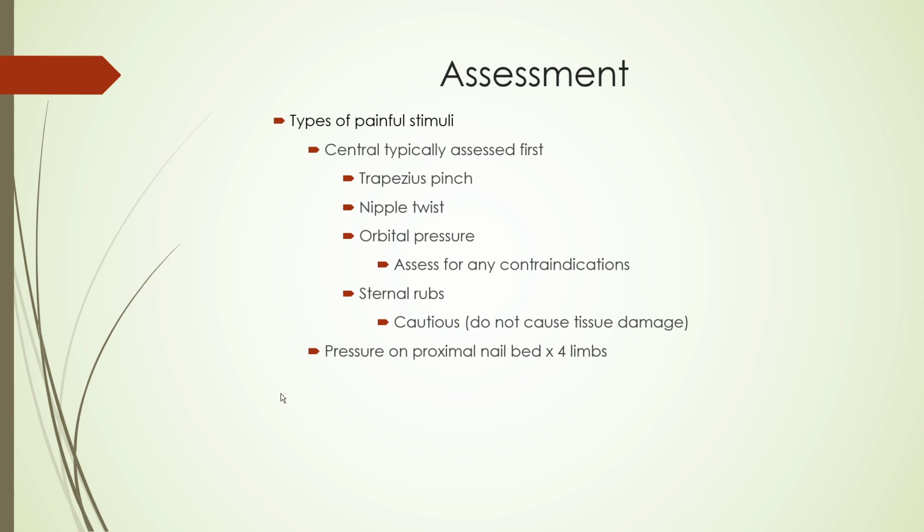Part of that is that rubbing a patient's sternum could cause tissue damage, particularly if they are on medications such as blood thinners, so you may end up causing bruising or tissue damage. So we would need to be cautious of that. These are different ways of assessing it, and how the painful stimuli is assessed may be patient specific. Another way to do it is pressure on the proximal nail beds. That's more of a peripheral type of assessment, but that may be something that is done as well.